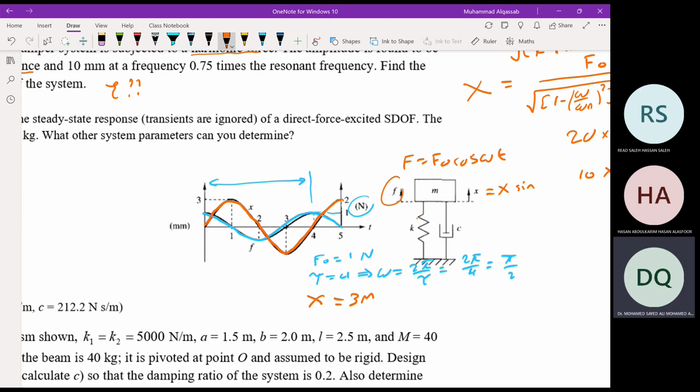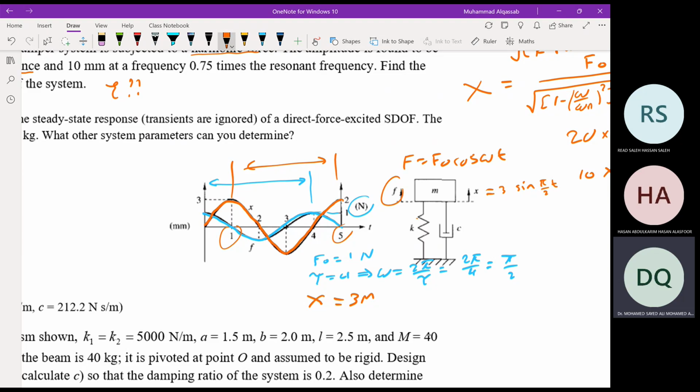We can measure the period and the frequency. It is the same: when you take one complete cycle from 1 to 5, it is 4, so it is the same frequency, omega equal to pi over 2 times t, and X is 3 millimeter, the capital X.